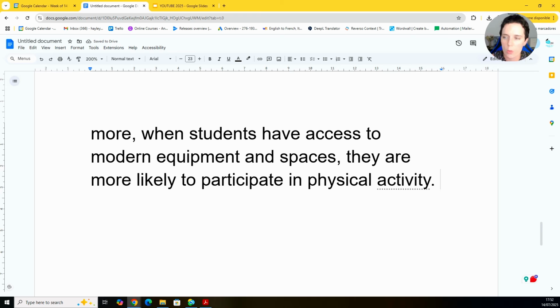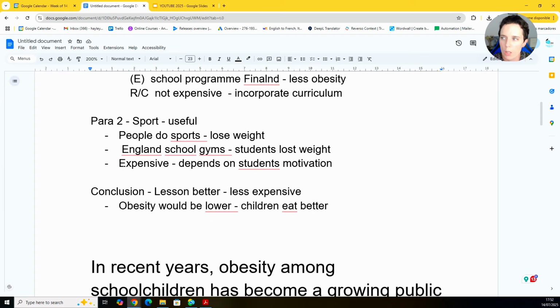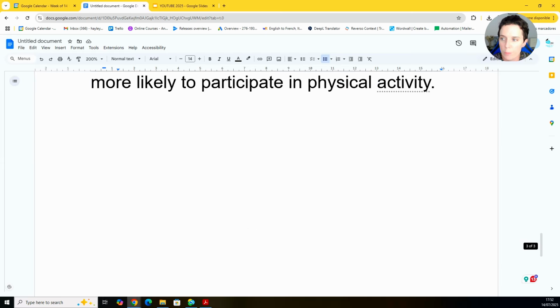Alright, so that's my points and my explanation. Now I need my example. Let's go back to my plan. My example was schools in England have redone their gyms and students lost weight. Okay, so that's my next example.